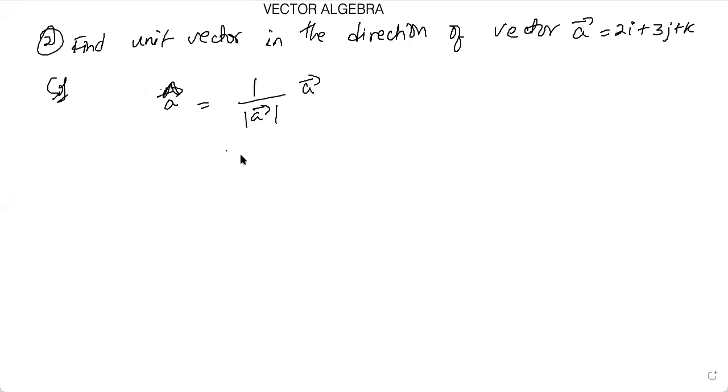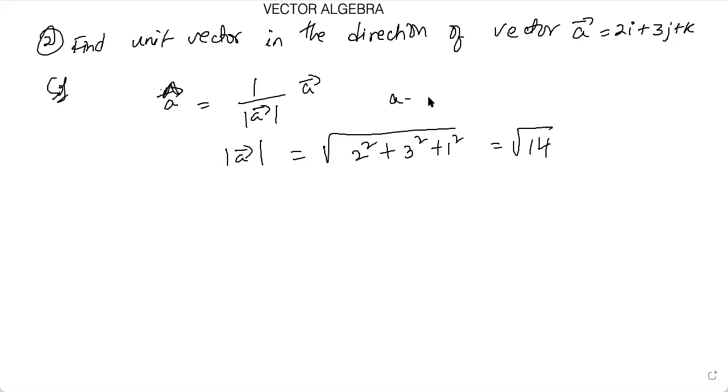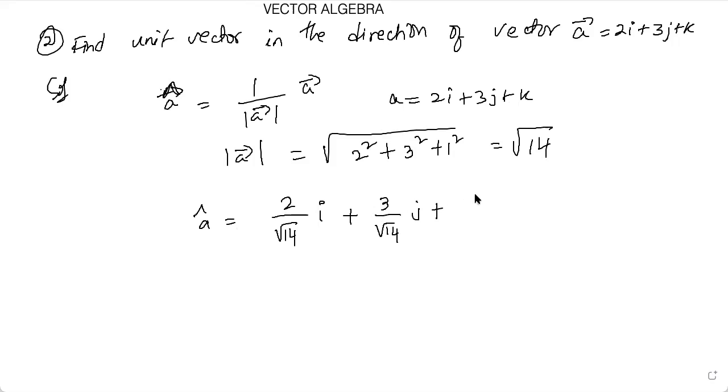So mod a, or the magnitude of this, will be square root of a square plus b square plus c square, which gives us root 14. We know what is a, which is 2i plus 3j plus k, right? So you get a cap, which is equal to 2 by root 14 i plus 3 by root 14 j plus 1 by root 14 k. So this is the unit vector.